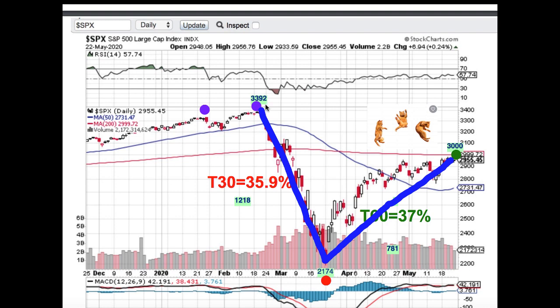So overall, from 33.92 down to 21.74, with a time frame of roughly 30 days, presents close to a 36% drop. Now, I'm recording this on the 25th of May 2020, and today is a holiday, so the markets are closed, but tomorrow we could be within points of that 3,000 number.